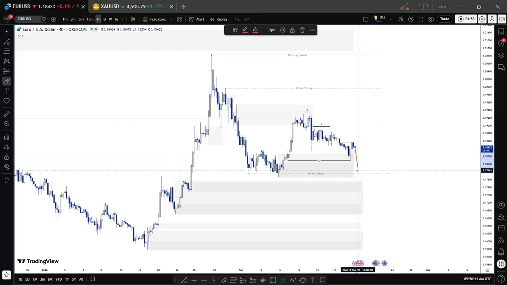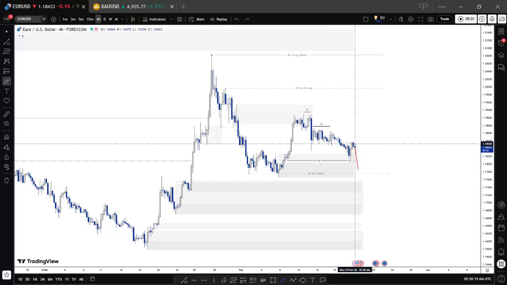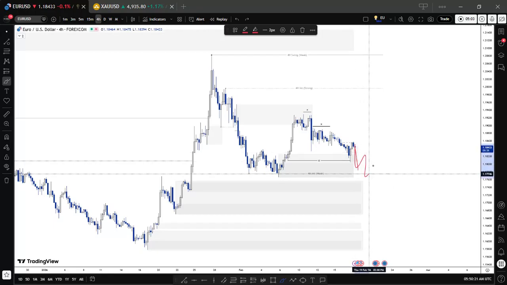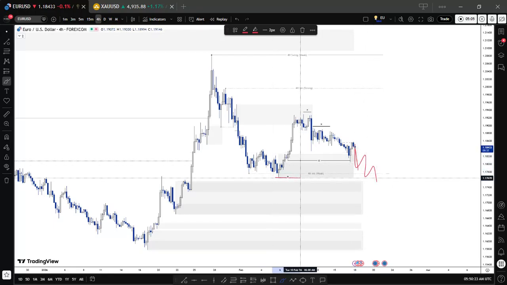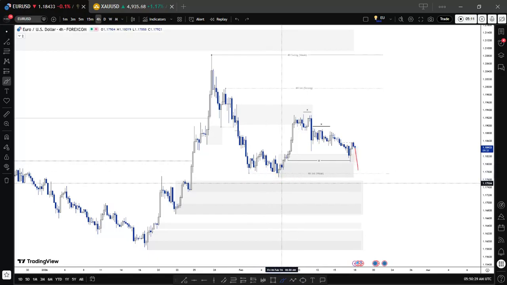But if we see price break below this low, this ICHOCH could have been a liquidity grab move, and then we see price start to target this low, the internal low, and potentially this low. This is the low that could be a liquidity.